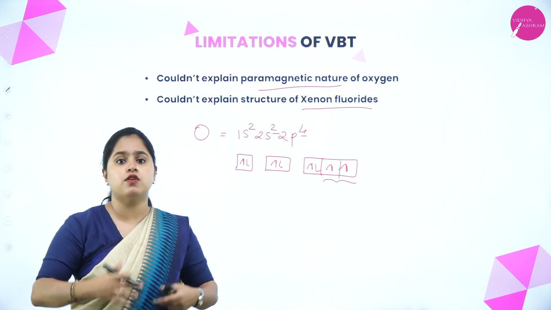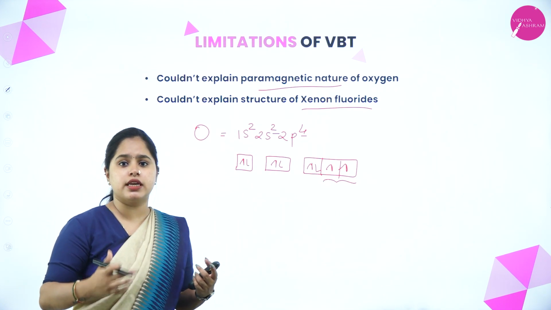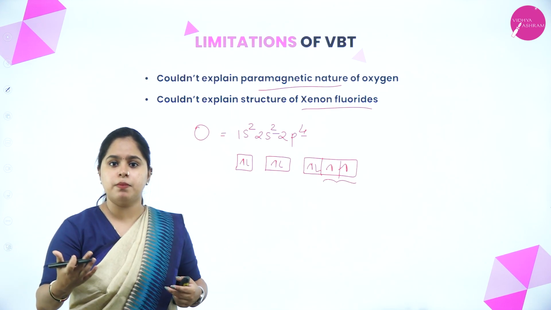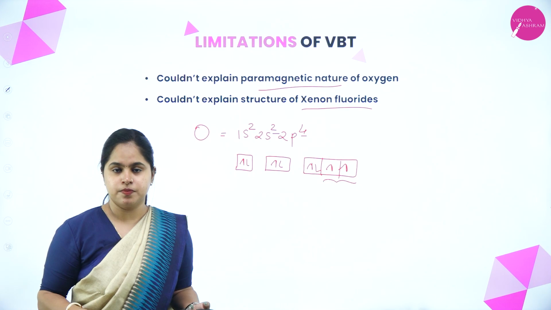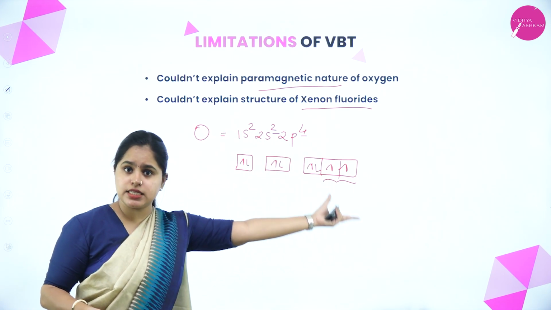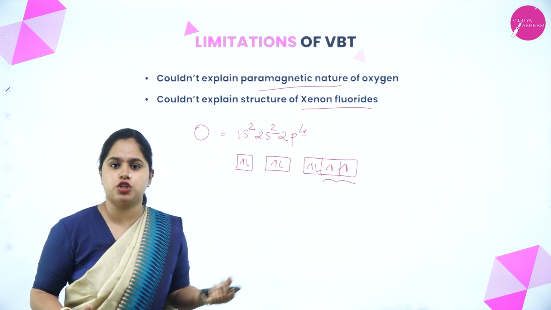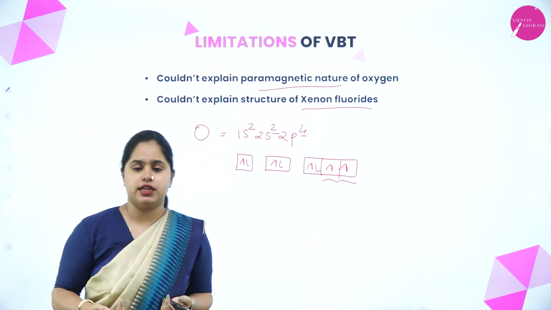They already have all the electrons paired. According to valence bond theory, if there are unpaired electrons, the atomic orbitals overlap and they pair up with each other. So, how can xenon fluoride be formed? It is actually a compound which can be formed, and valence bond theory couldn't explain the structure of xenon fluorides. So, these were a few limitations of valence bond theory.